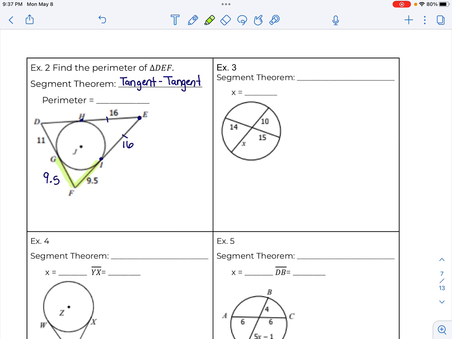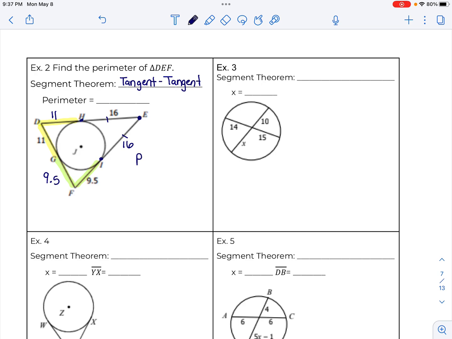And the last one, we'll highlight in a different color. From D to the circle and D to the circle, it should be the same distance. So this distance is 11. To find perimeter, you just add up all those numbers that go around the circle. So if we add up all 11, 16, 9.5, so one big addition.